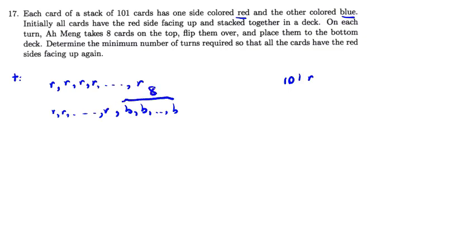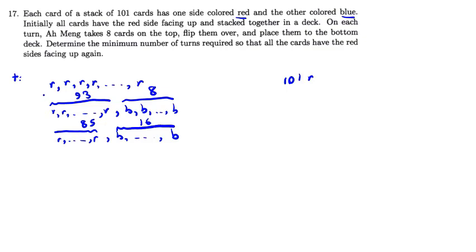So here you have 8, and 101 minus 8 is 93. Then you select 8 of them again, change them to B, and here you place them to the bottom. So the next case, the number of R will be 93 minus 8, which will be 85, and the number of blues will be 16.